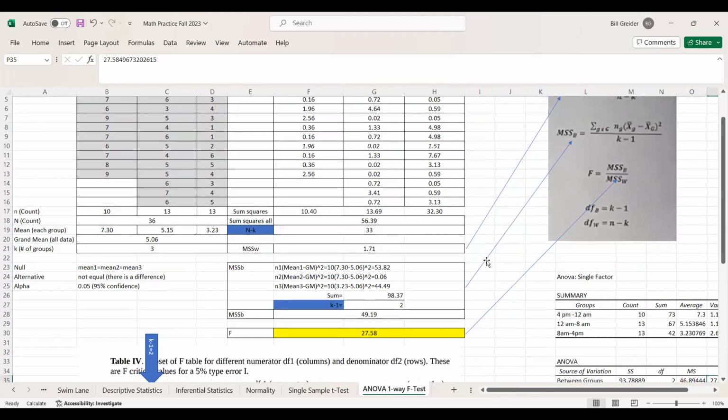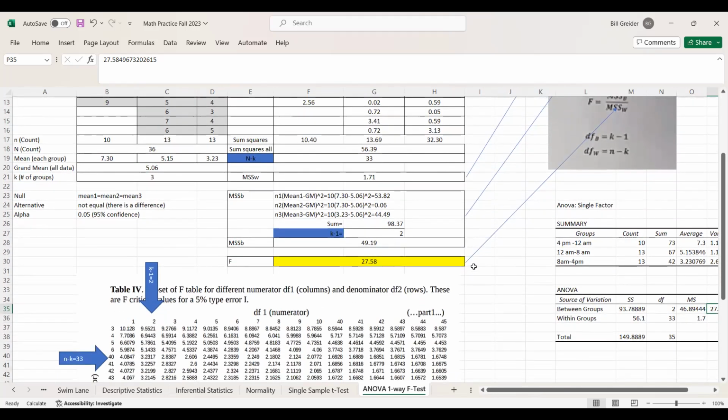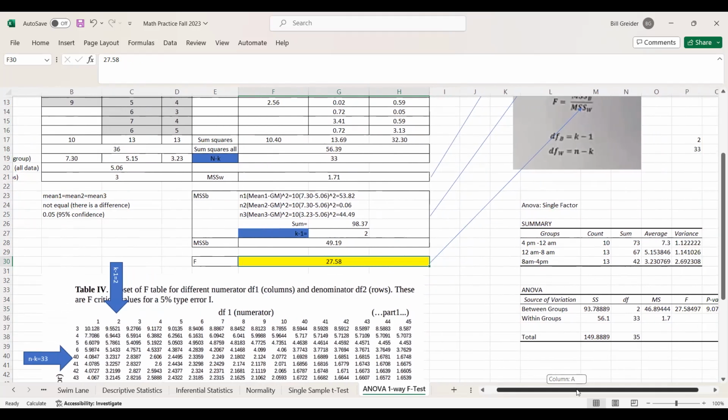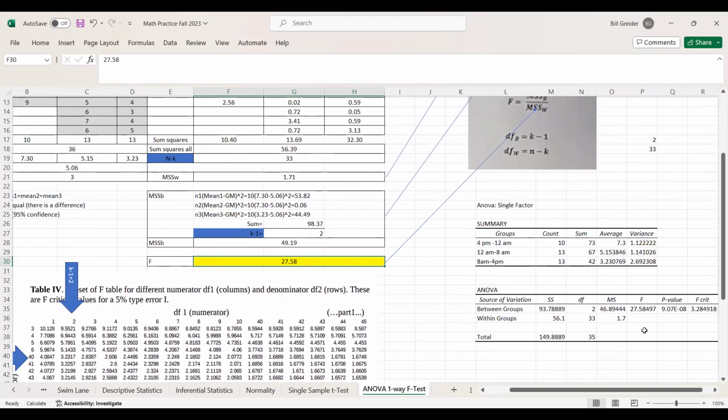And all it's doing is coming up with a test statistic of 27.58. That's the magic of the add-in that we did a couple weeks ago, there's my F statistic. And there's a number that comes right out of the table, 3.28, which is right here.